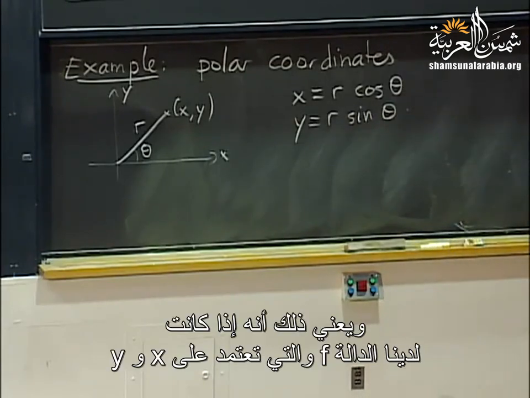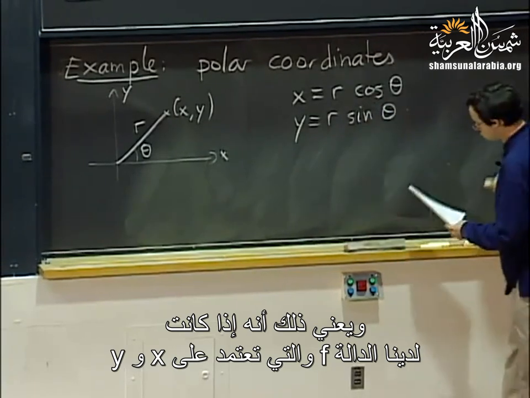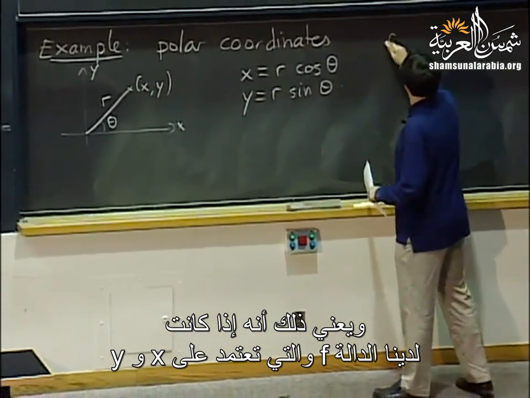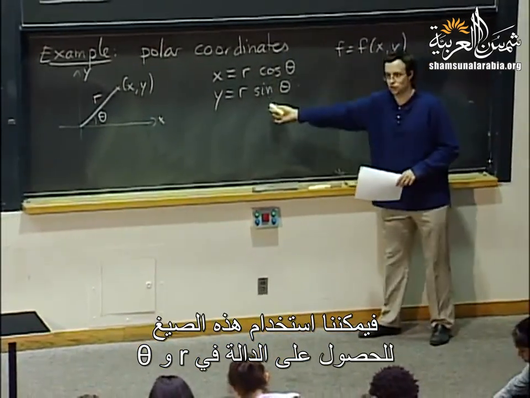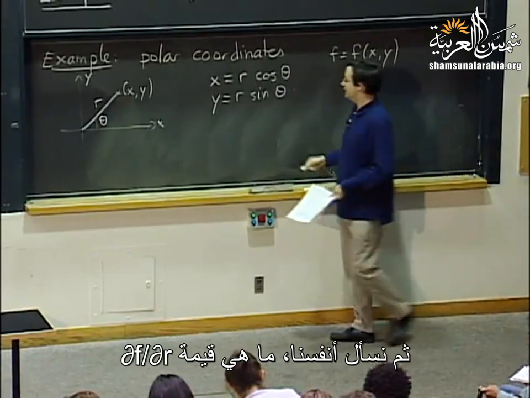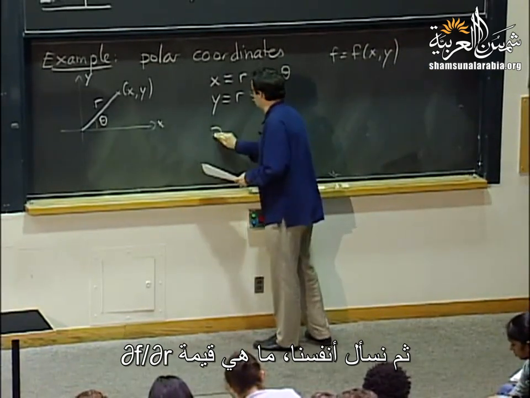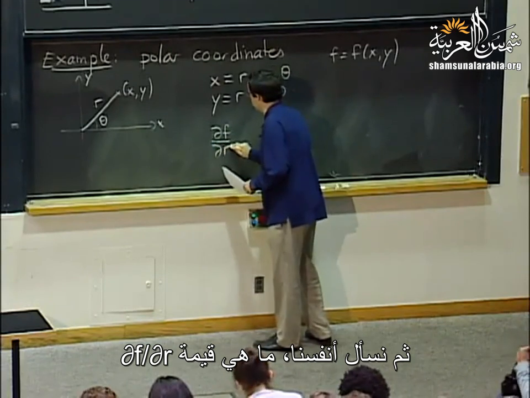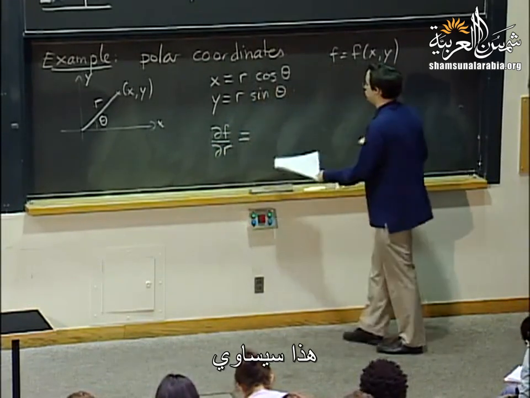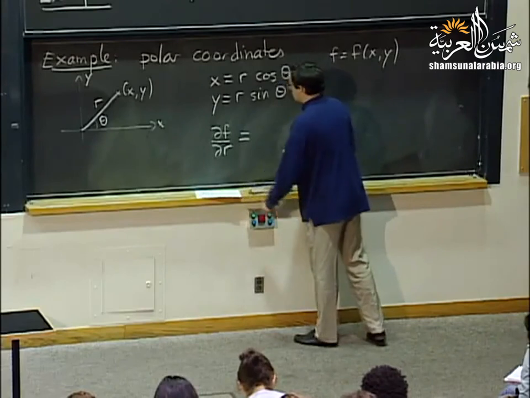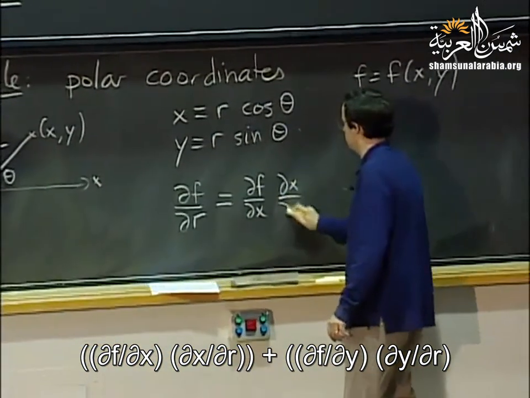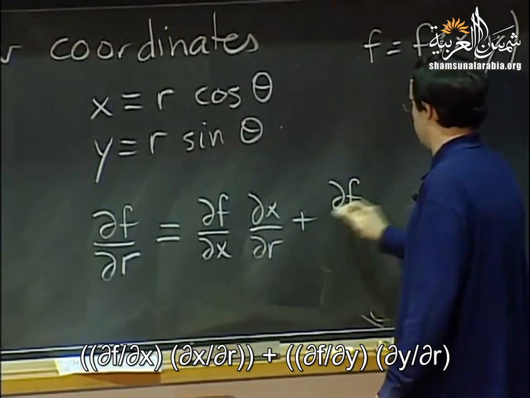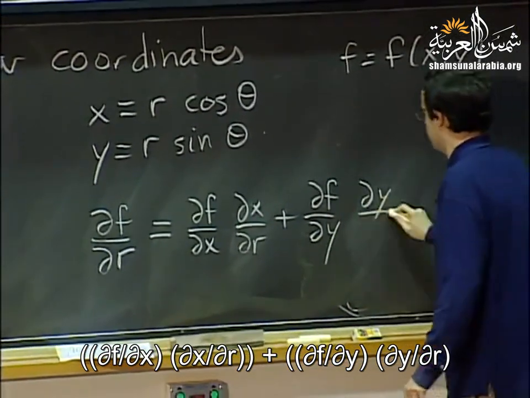And so that means, if you have a function f that depends on x and y, then in fact you can plug these in and get a function of r and theta. And then you can ask yourself, what is partial f over partial r? And that's going to be, well, you want to take partial f, partial x, partial x, partial r, plus partial f, partial y, partial y, partial r.